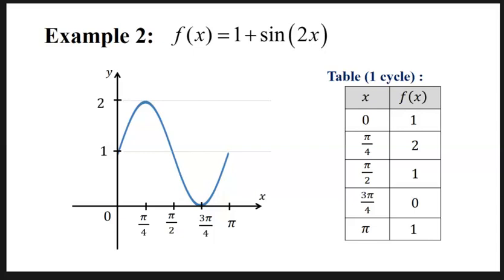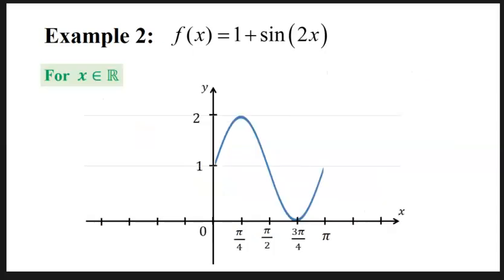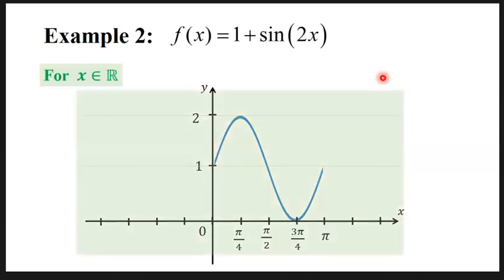Similar to the previous example, this is the graph of one cycle as a foundation for us to fulfill whatever domain is required by the question. If the question asks for negative infinity to infinity, the coverage that we need to fulfill will be the one that I show in the diagram here, highlighted in green.